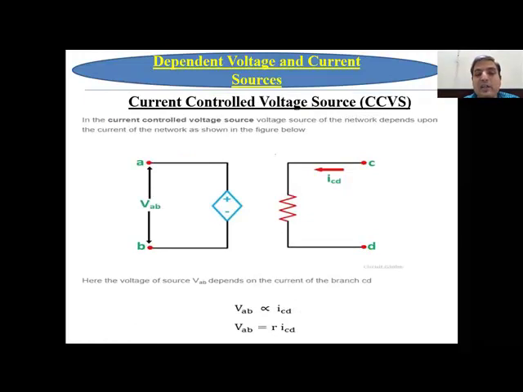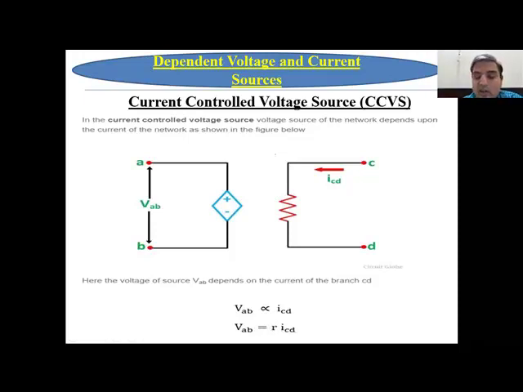Now coming to the current controlled voltage source. Here again we have the diamond shape in the input side. This VAB is depending on the current available across this resistance, that is ICD, shown in the figure. So if we write it down, VAB is proportional to ICD. If we remove this proportionality sign, VAB will be equal to R ICD, where R is the proportionality constant.